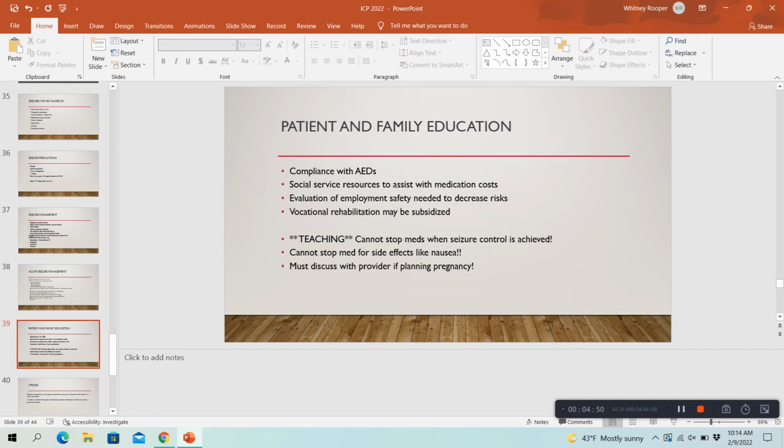Once somebody has a seizure, they are then considered what? Epileptic. Can they drive? They lose their license.